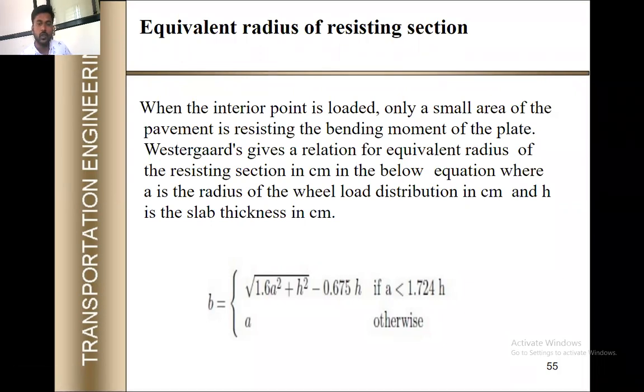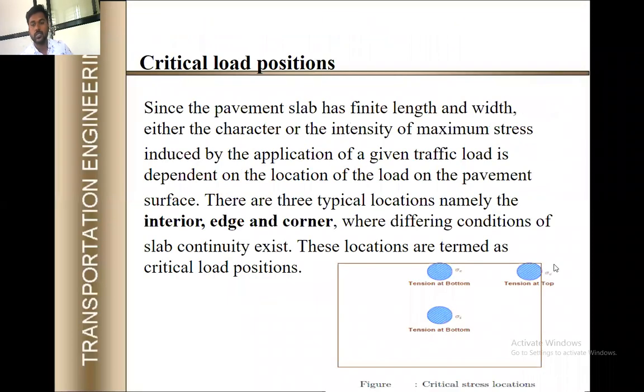And how does he calculate? b is equal to the square root of 1.6 a square plus h square, minus 0.675 h, if a is less than 1.724 h. If a is greater than this term, then b is equal to a. So this is the formula for calculating the radius of resisting section given by Westergaard.